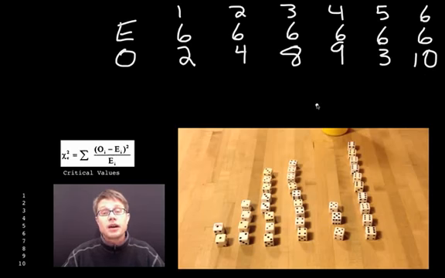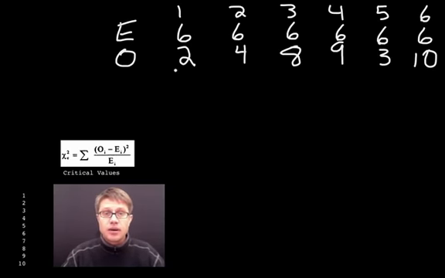Okay, now we have to figure out a chi-squared value. So let me get this out of the way. And I'm going to stop talking and do the math and speed up the video a little bit. And so hopefully I don't screw up any of this.